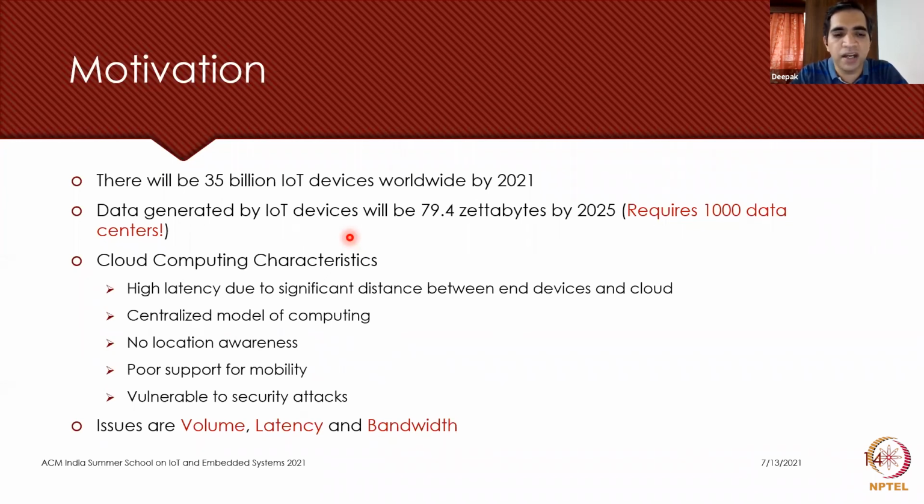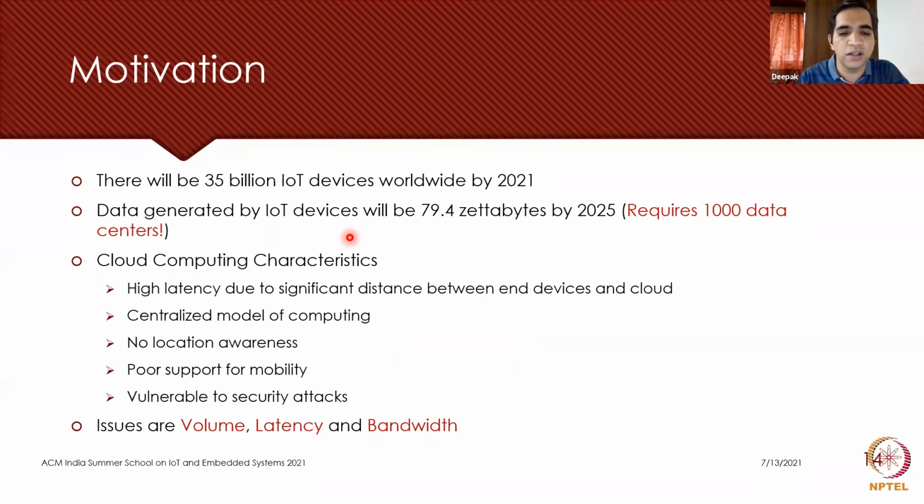So in short, summarizing, the main three aspects that motivate moving from a cloud computing model to something a little bit more distributed are these three: the volume of data, the latency that data experiences, and the bandwidth.